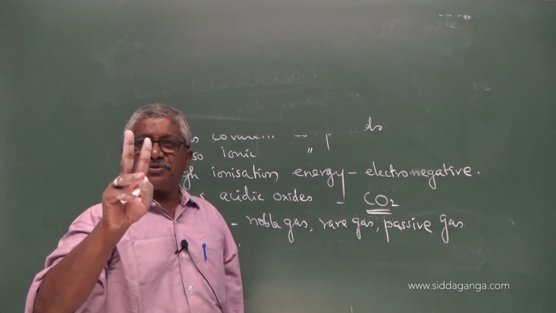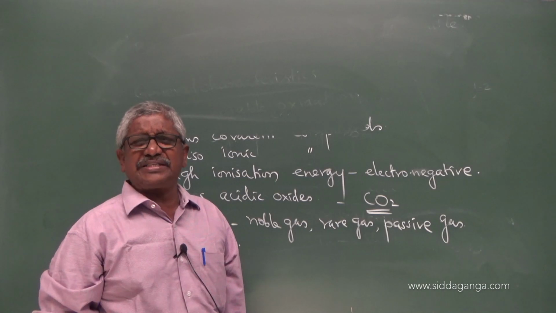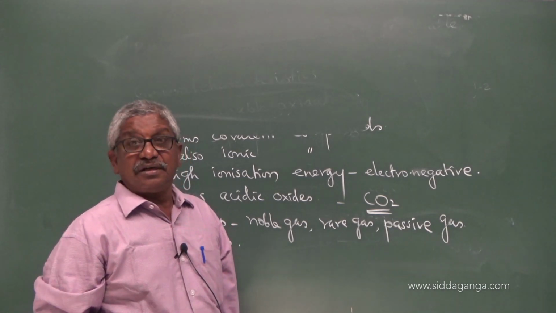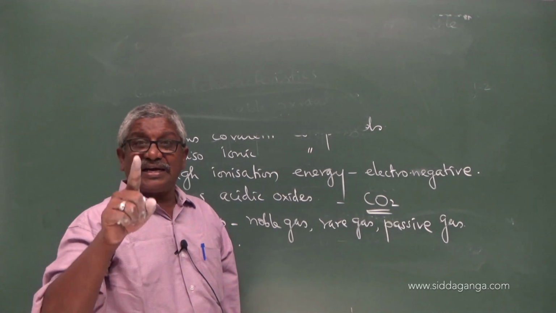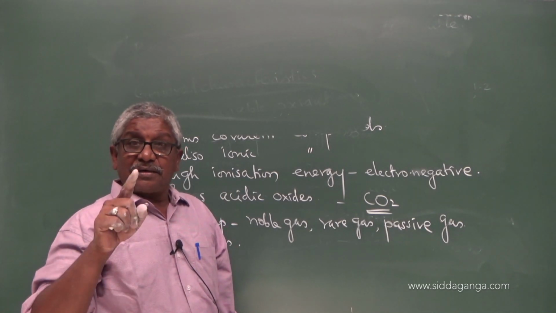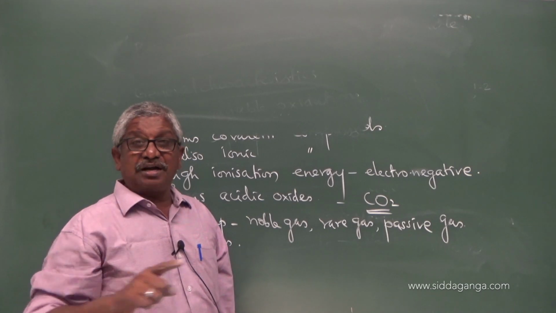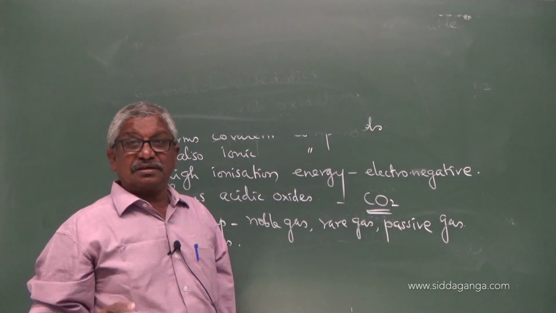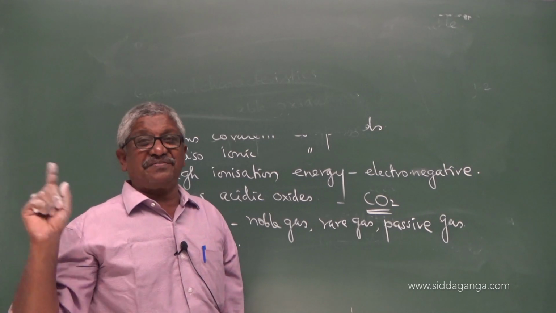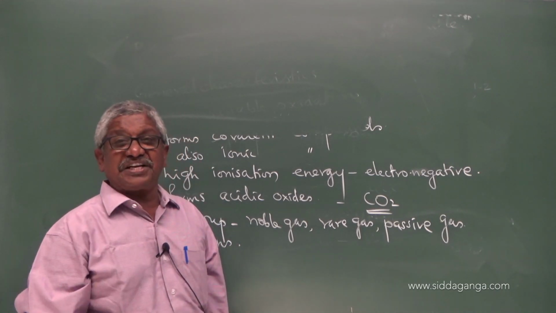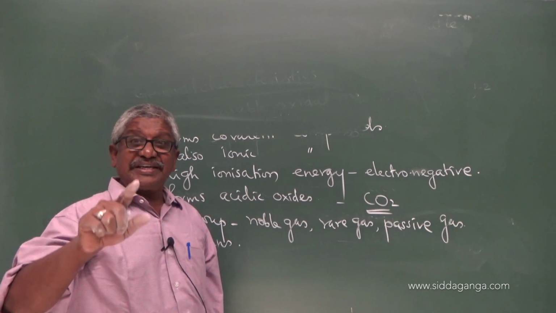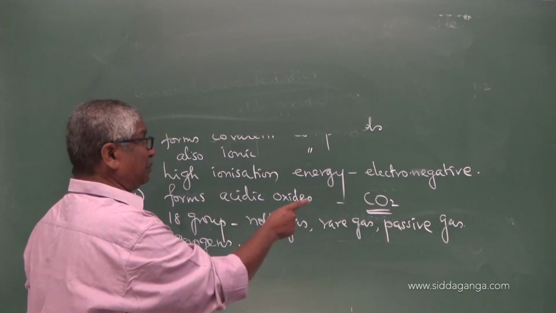It has only 2 electrons, 1s2. It should be placed in S block, but it already has a filled orbital, a completed electronic configuration. Due to the completion of electronic configuration, it gives the properties of a noble gas.